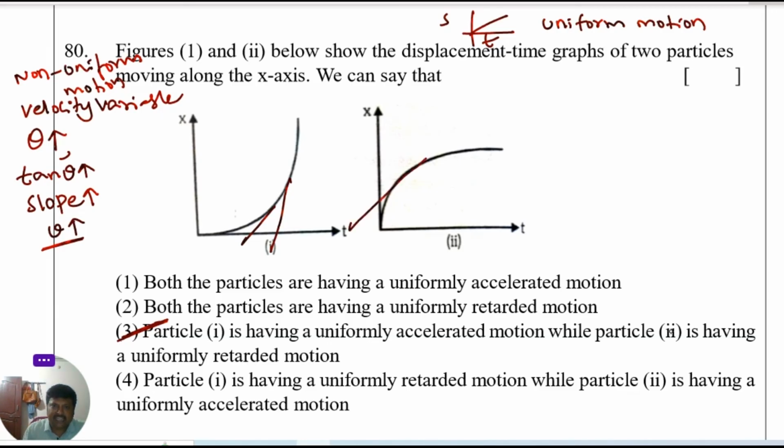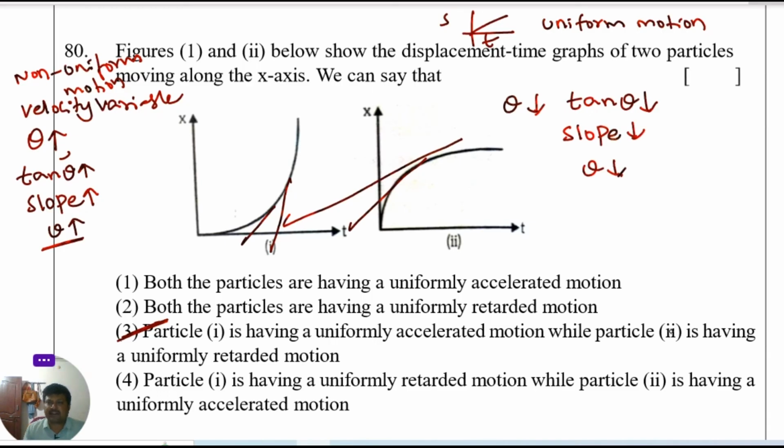But here theta is decreasing. If theta is decreasing, tan theta is decreasing, so the slope is decreasing. That means velocity is decreasing. That means equal decrease in velocity in equal intervals of time, that is, the body is moving with uniformly retarded motion. So option 3 is the right answer.